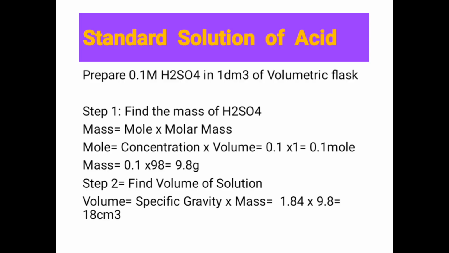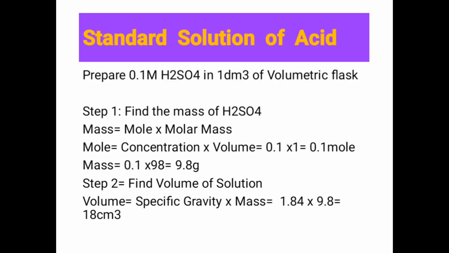And then the mass will now be mole, which is 0.1, times molar mass of H2SO4, which is 98. That's 2 times 1 plus 32 plus 16 times 4, which gives you 98. So 0.1 times 98, so you need 9.8 gram.